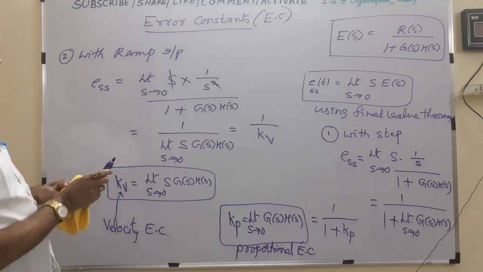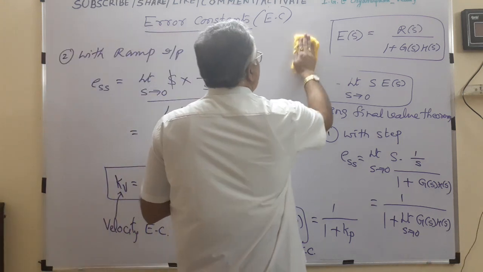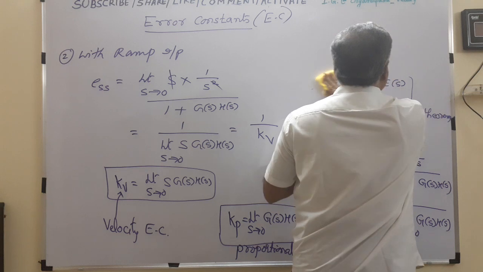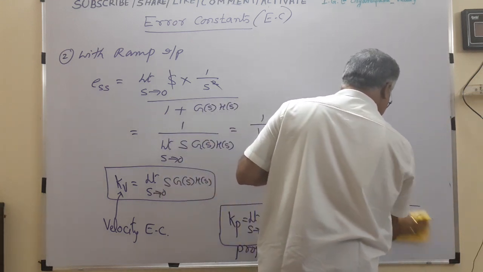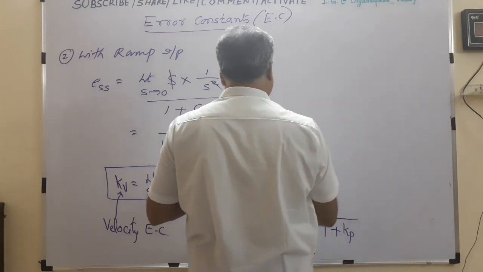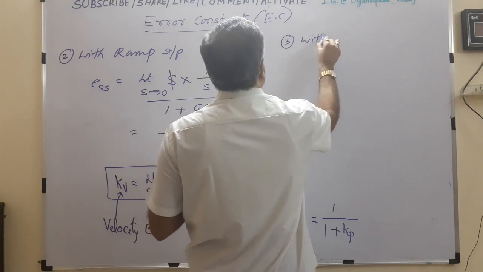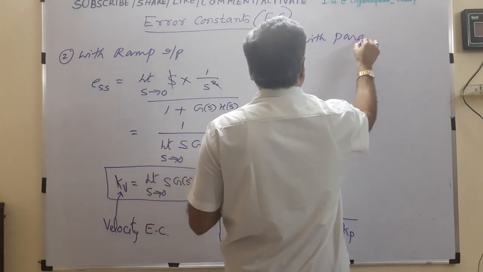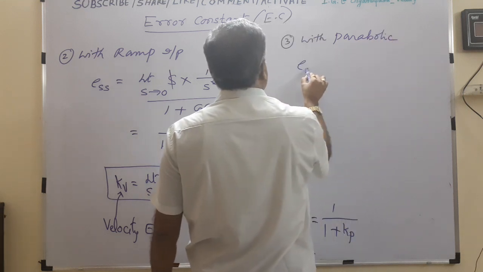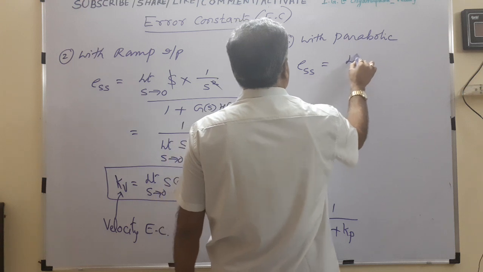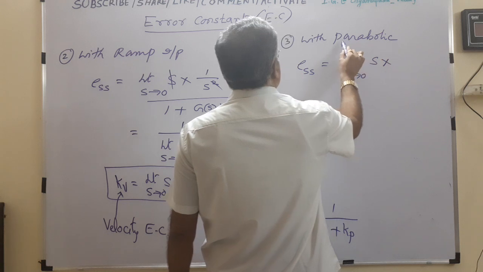Then the third one, with the parabolic. So steady state error equals limit s tends to 0, s into, what is parabolic?